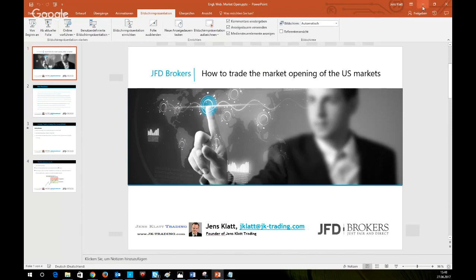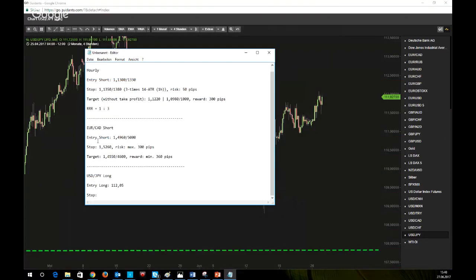And there, as you can see here, it's always the same structure. I formulate a clear entry signal. First of all, I do the research. I look at what we see right now in the market. I try to see where the advantage is, where the most pain is probably lying, meaning where market participants get hurt the most once a certain level is triggered, or once a certain rhetoric is used by a central banker.